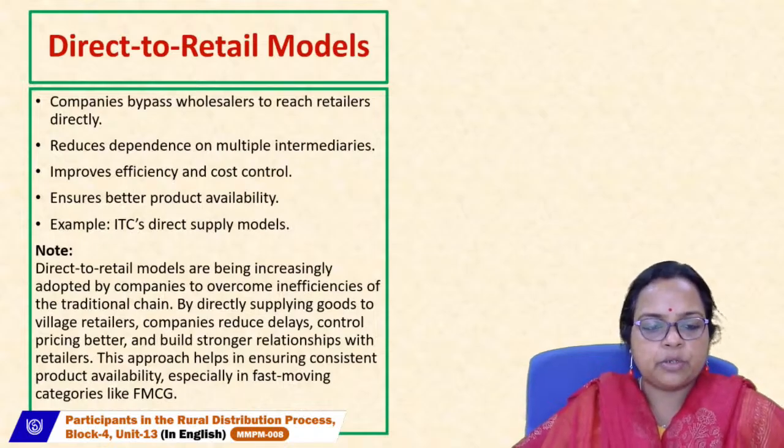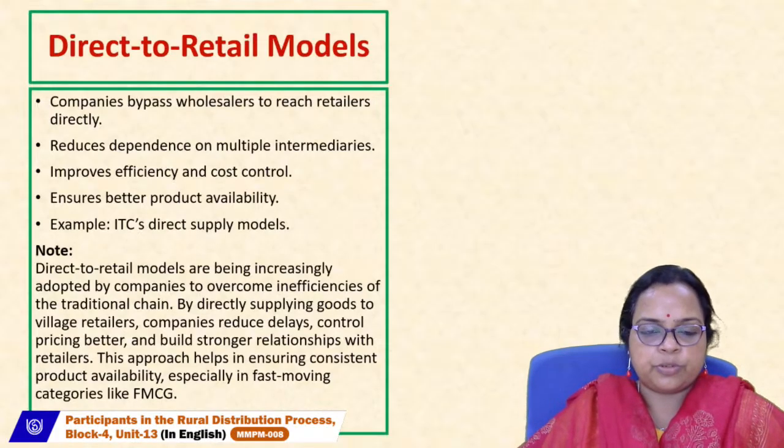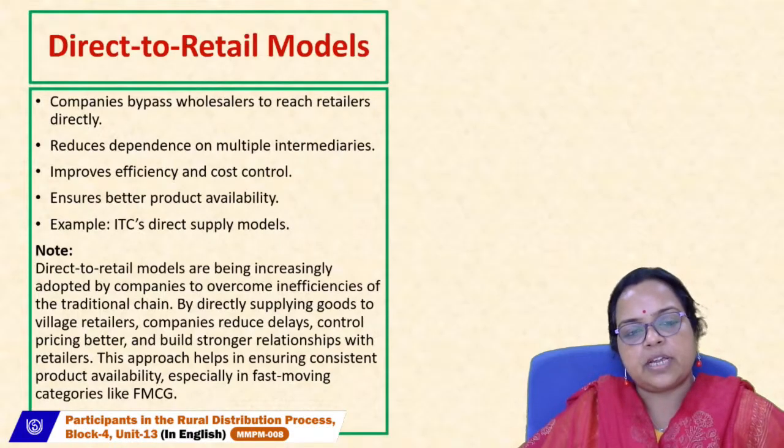By directly supplying goods to village retailers, companies are reducing delay in transportation. They are controlling the pricing in a better way by discussing with the customers directly, and they are building stronger relationships with the retailers. This approach helps ensure consistent product availability, especially for the FMCG category.